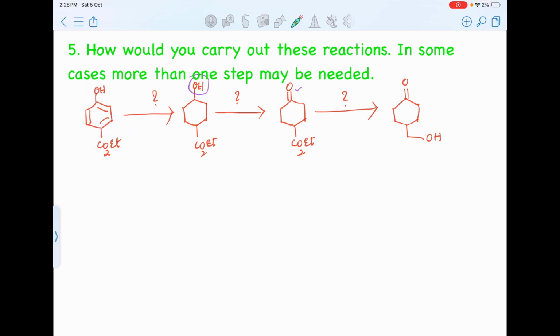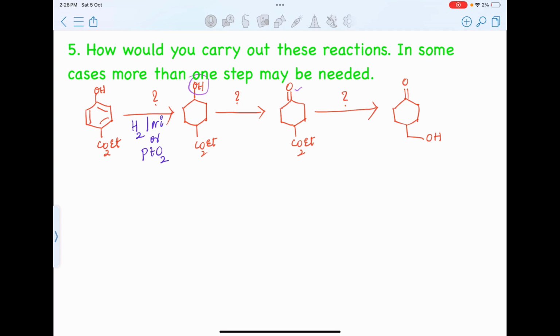So in the first step we are converting this aromatic ring into the saturated hydrocarbon, that is cyclohexane. So this is a hydrogenation reaction, and the reaction can be done with Raney nickel in presence of hydrogen, or we can also use platinum oxide.